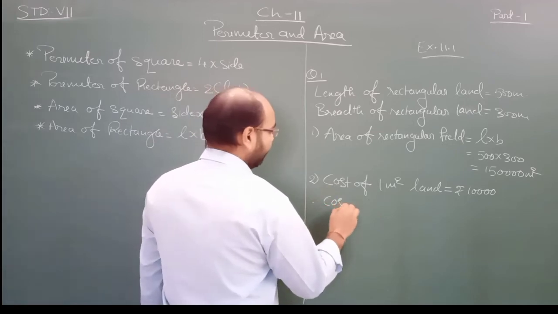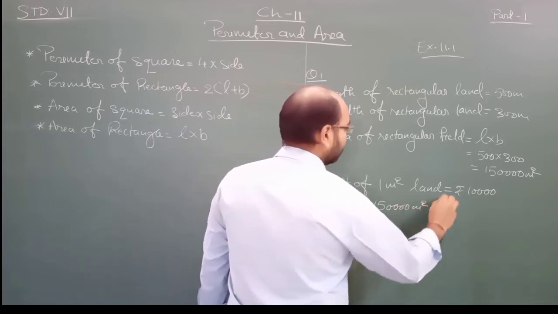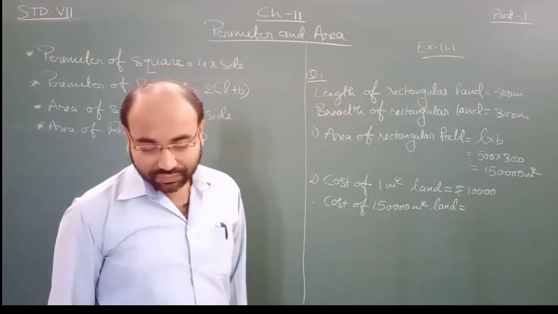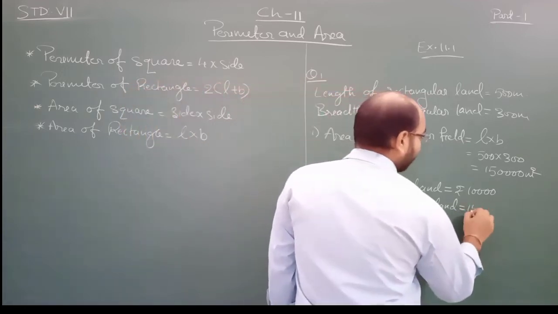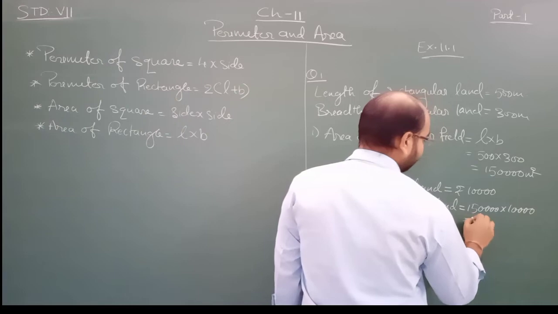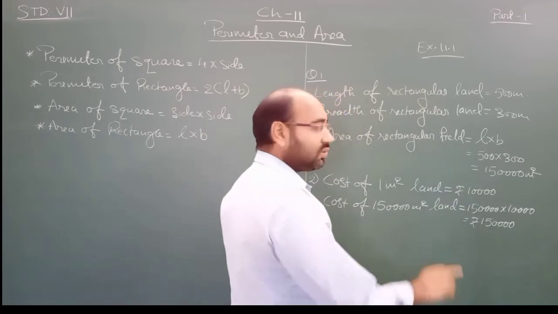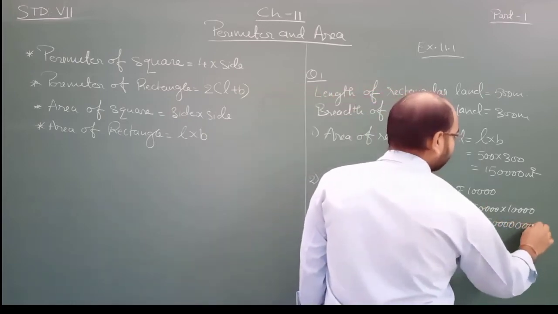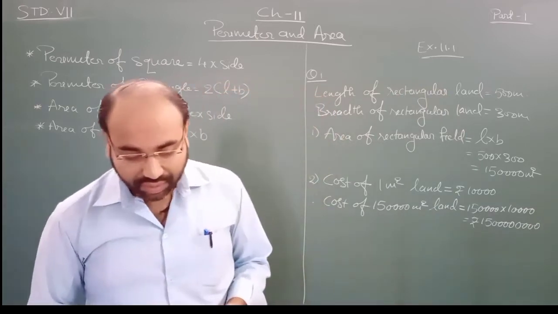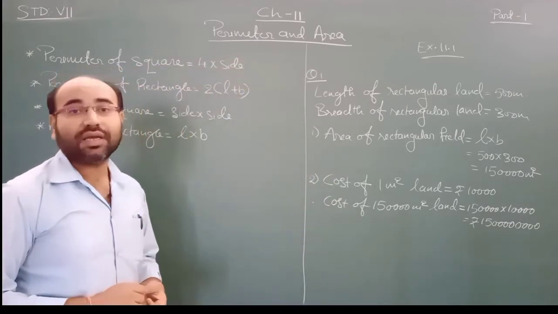Therefore cost of 1,50,000 meters square land will be equal to what, that we have to find out. So 1,50,000 into 10,000. So 4 zeros from here and 4 from there. So this will be the cost of that land. Here the first answer gets complete.